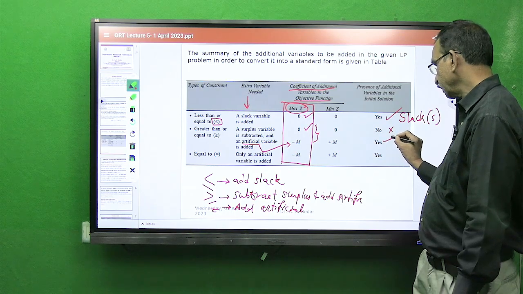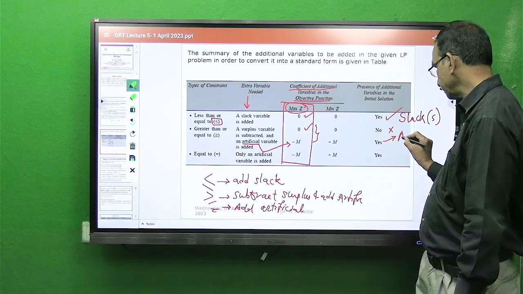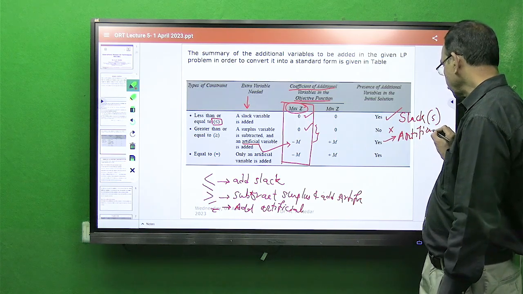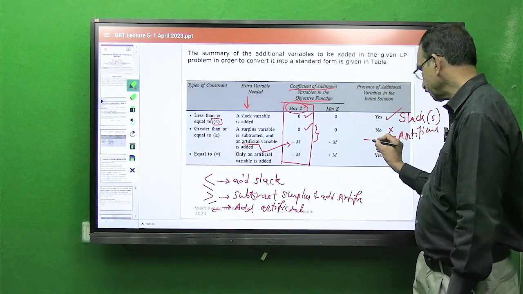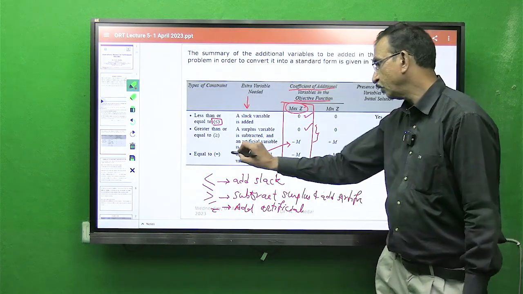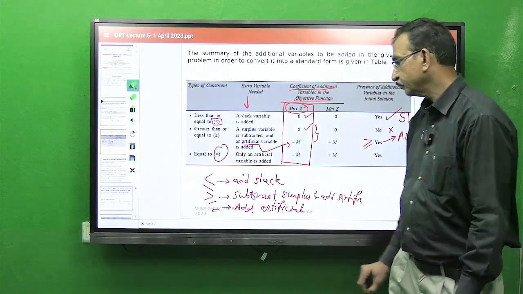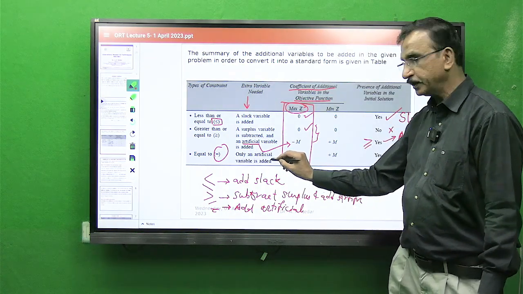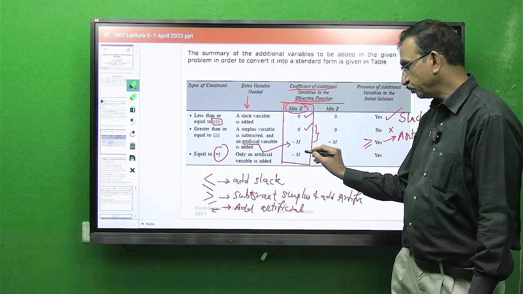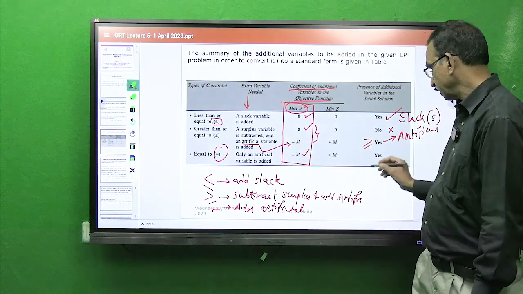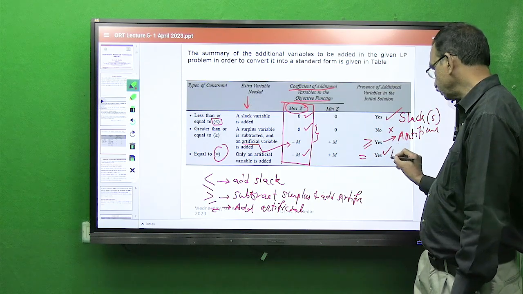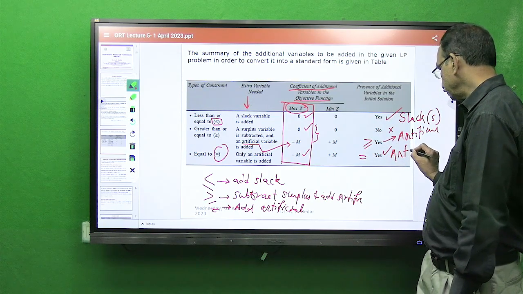No. Yes, the artificial variable will represent the solution if it is greater than or equal to. Third case, equal to: only an artificial variable is added. For the objective function, the coefficient is minus M, and in this case your initial solution will be the artificial variable.